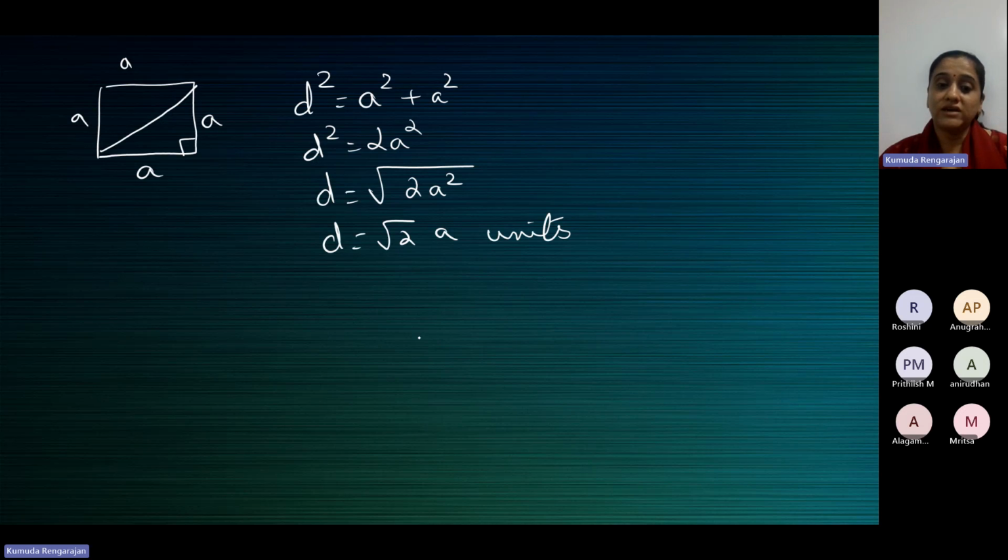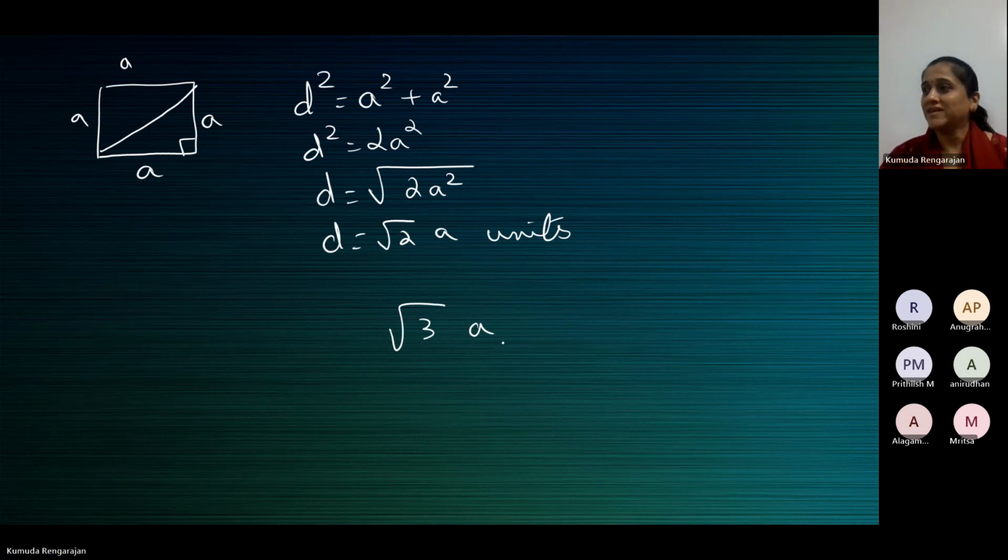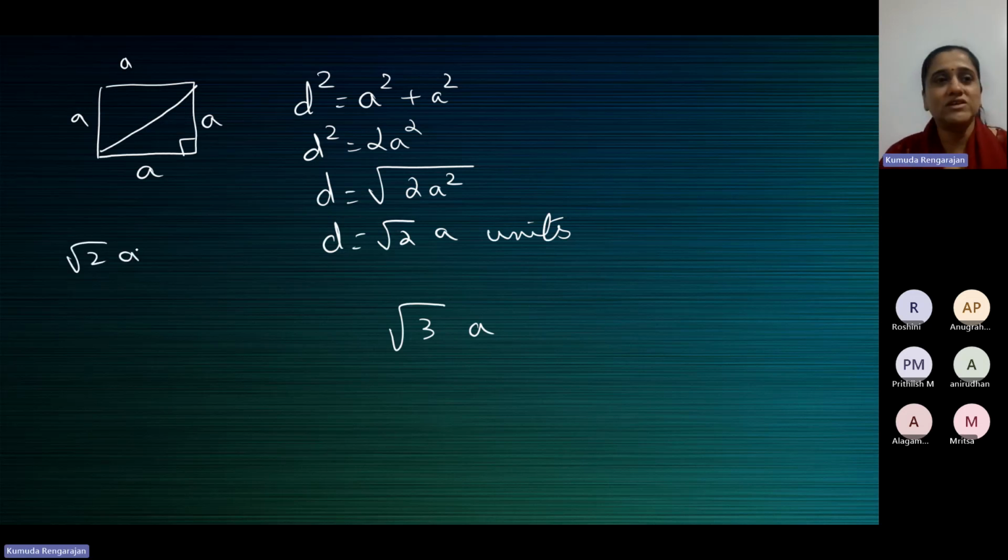Then what is root 3a? This is the formula to find the length of the diagonal of a cube. Root 2a is for the plane figure square. The length of the diagonal of a square is given by the formula root 2a.